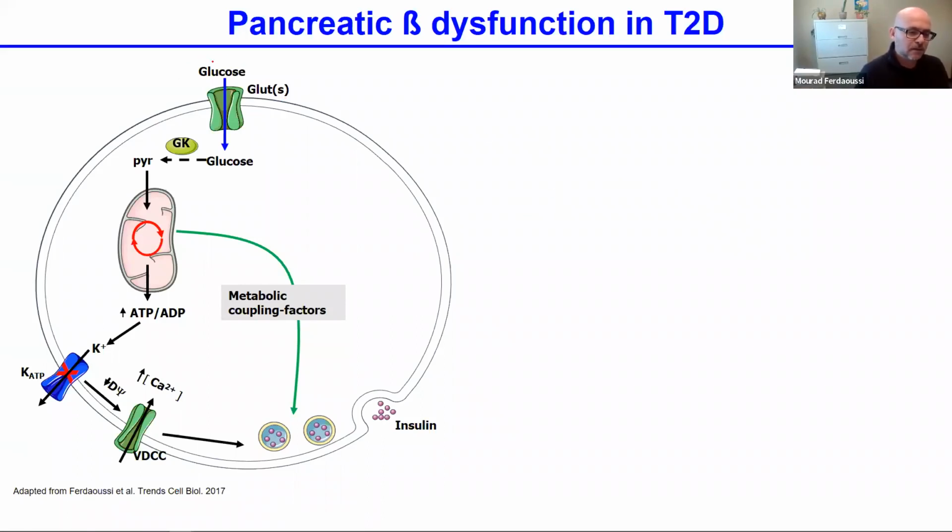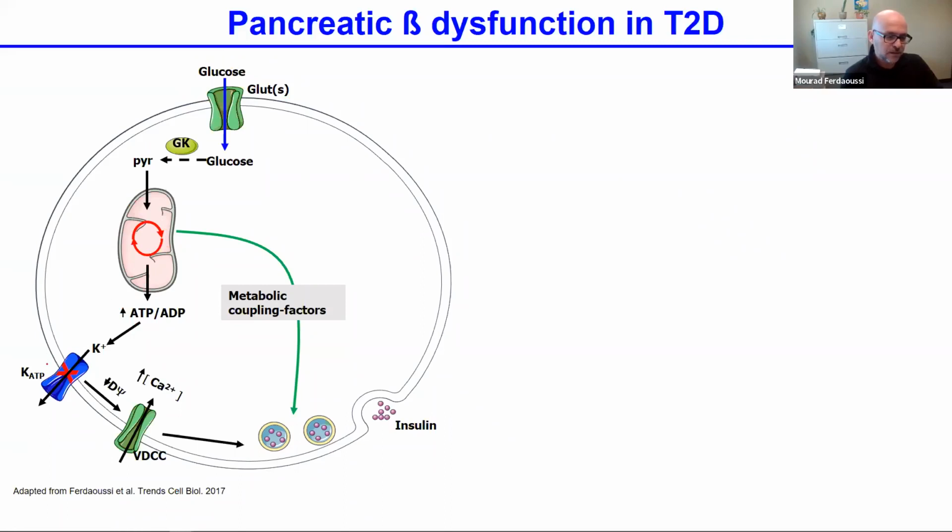We have a higher glucose concentration in the blood, and in the beta cells the glucose will enter and be metabolized by glucokinase and the TCA cycle within the mitochondria, and this will lead to an increase of the ATP to ADP ratio.